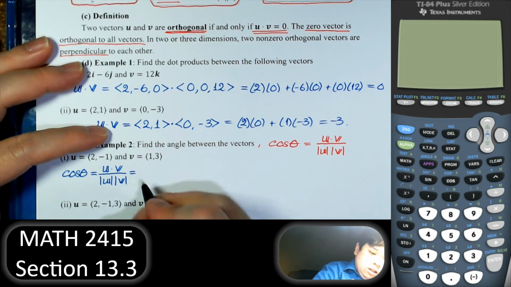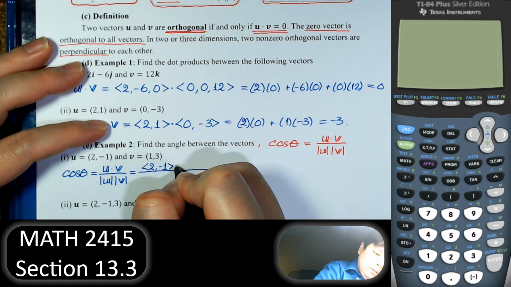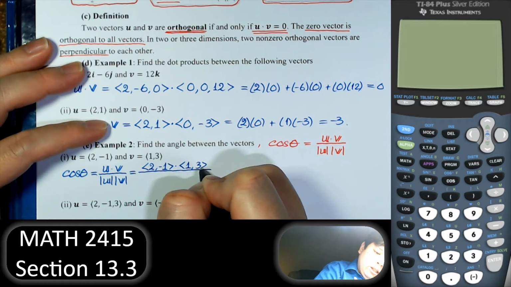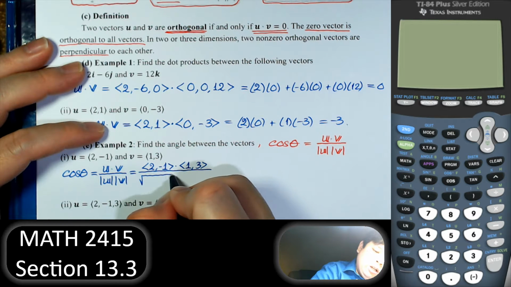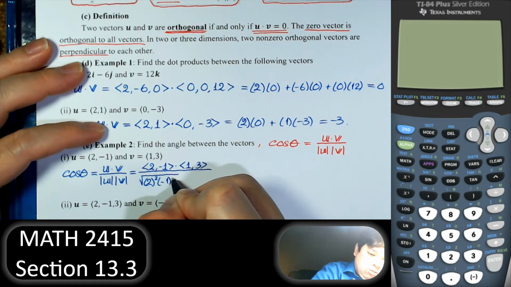The dot product: u is 2 and -1, v is 1 and 3, and the magnitude of u is the square root of 2 squared plus -1 squared.